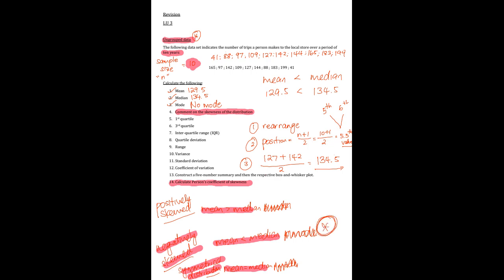So you would then write down that this is a negatively skewed distribution or negatively skewed data set. Okay, so that's the first 4 complete. Let's look at number 5.